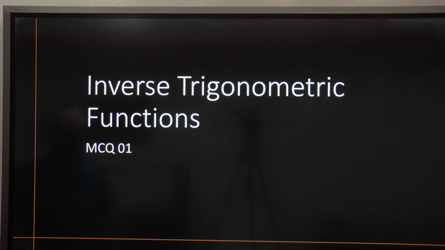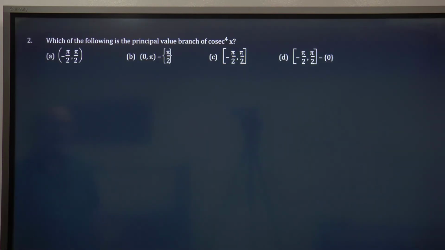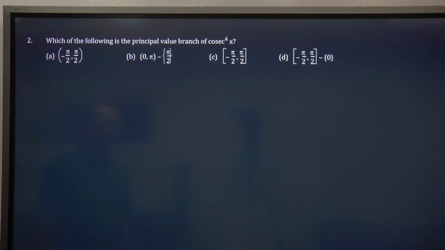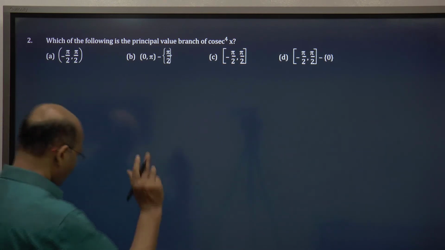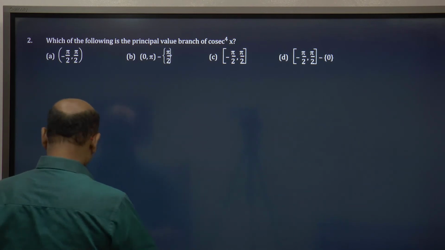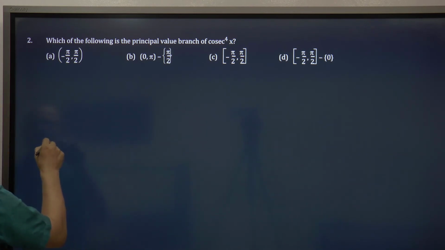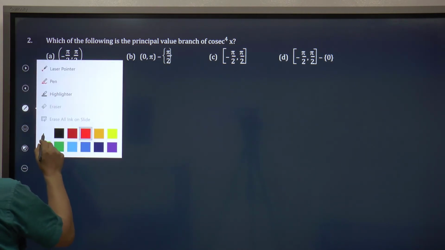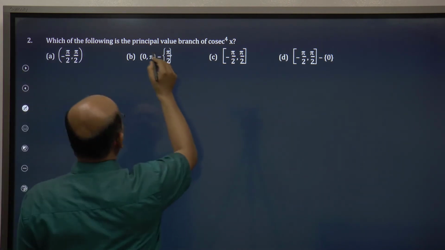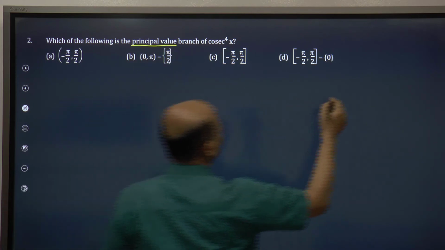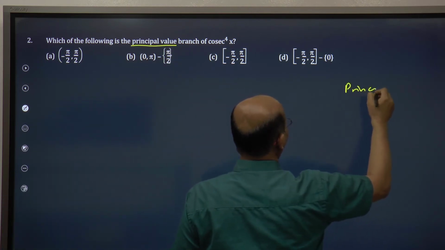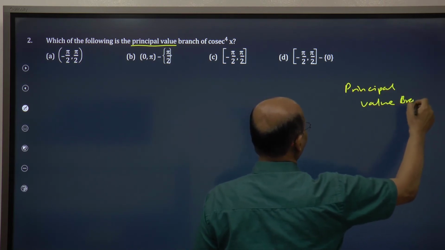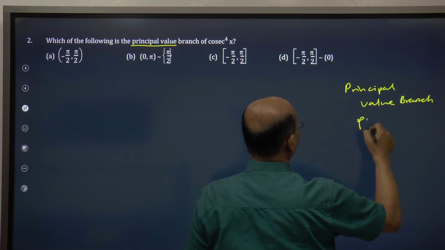The first question comes up: which is the principal value branch of cosec inverse x? Now, remember, I had specifically told you before that the principal value is also called the principal value branch, that is PVB.